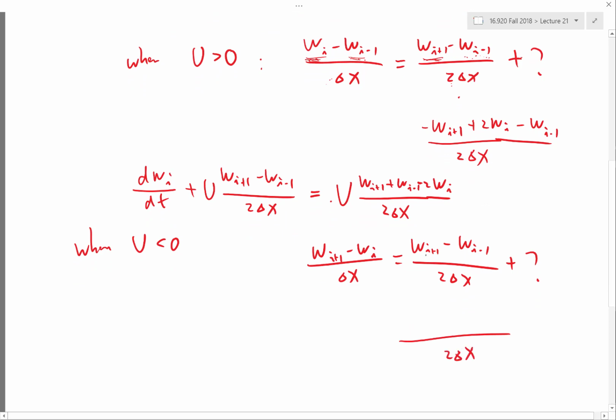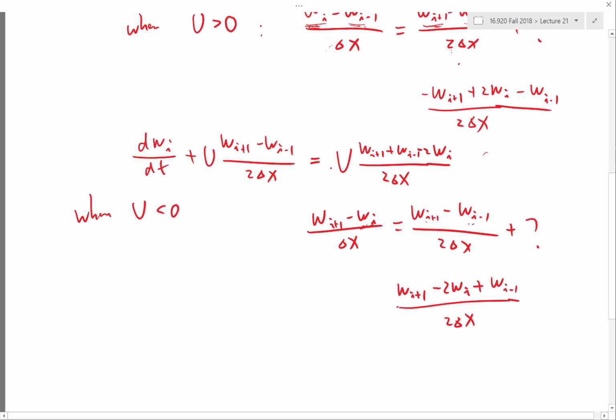First of all, we have to make another w_{i+1}, right? And we have to form minus 2 w_i's to account for this term, and we have to get rid of the w_{i-1}, so we have to add w_{i-1}. So the effect is that I have added a second order derivative instead of subtracted a second order derivative.